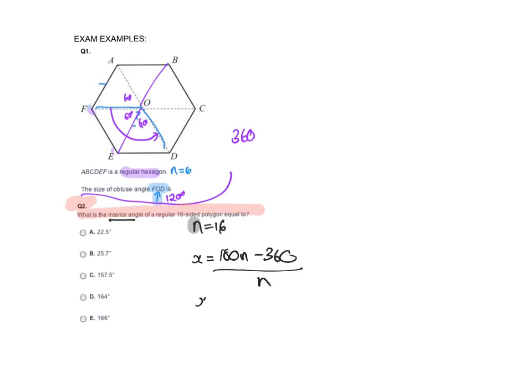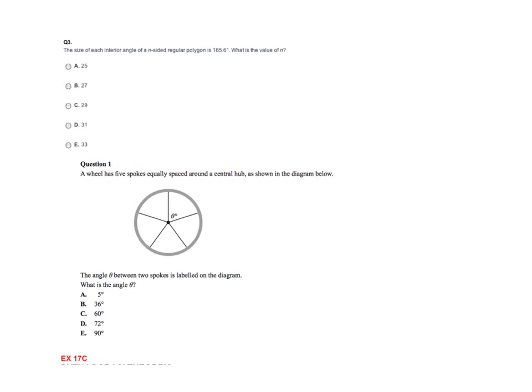So you would do that. So it'd be 180 times 16 minus 360 divided by 16. And what was the answer? Okay, so the answer was 157.5. Boys, come on, keep going.